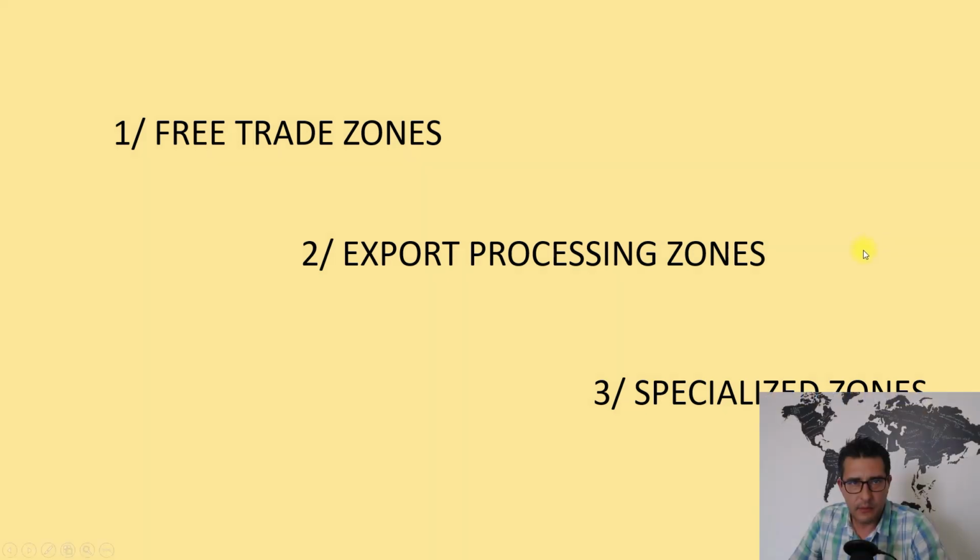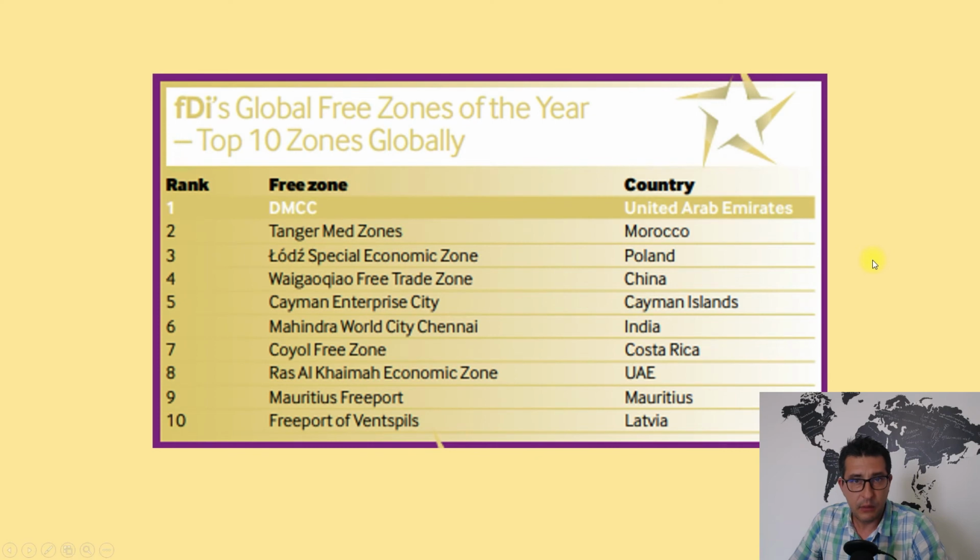And now guys, moving to my last part of the video, I would like to show you the top 10 global free trade zones for 2020 coming from fdiintelligence.com, which is a publication controlled by the Financial Times.